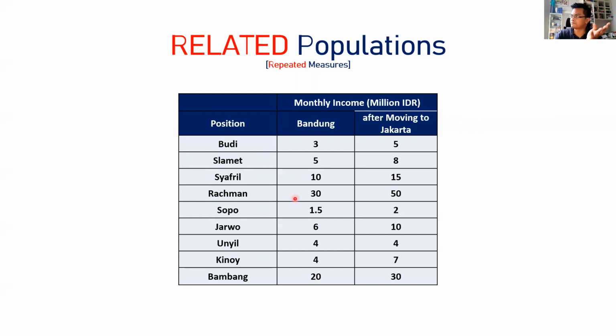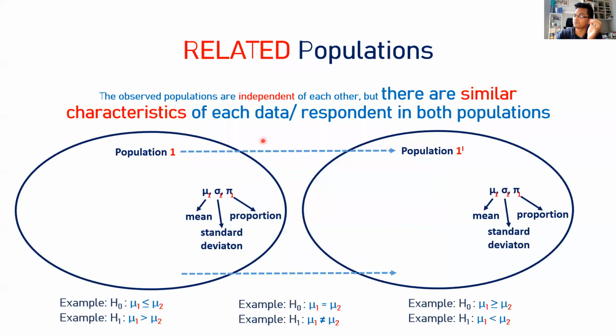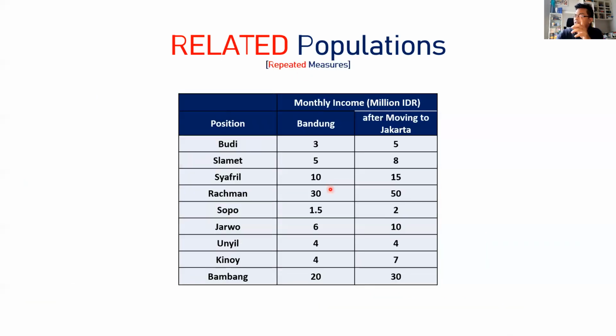For example, Budi. Previously Budi was in Bandung, and then after he moved to Jakarta, what is the increase in salary? So here I have the second type, which is repeated measurements, with the main emphasis on the before and after event. For example, Budi, while he's still in Bandung, the monthly income is 3 million rupees.